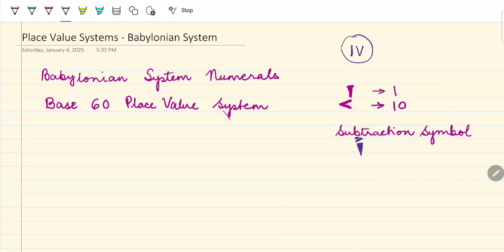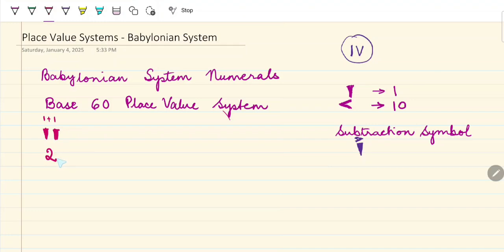So to indicate the number 2, that was pretty simple. All they would do is write two of these vertical lines. So let's say they want to represent 2, they would just simply put a conically shaped straight line, two of them. Each of these vertical lines represents 1, so 1 plus 1 added would give us the value 2.